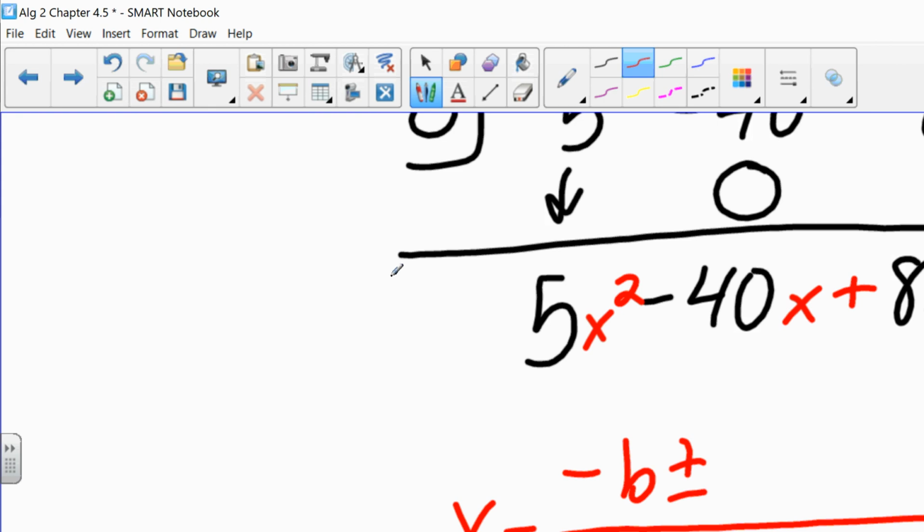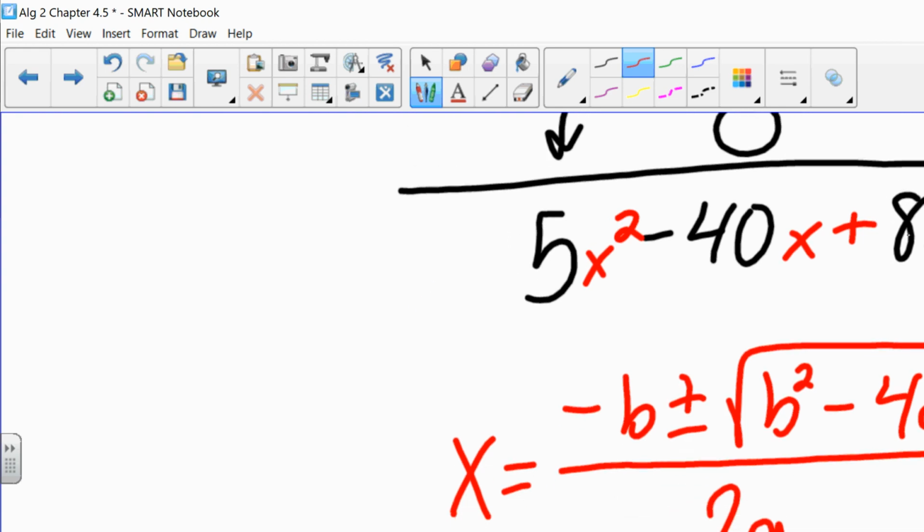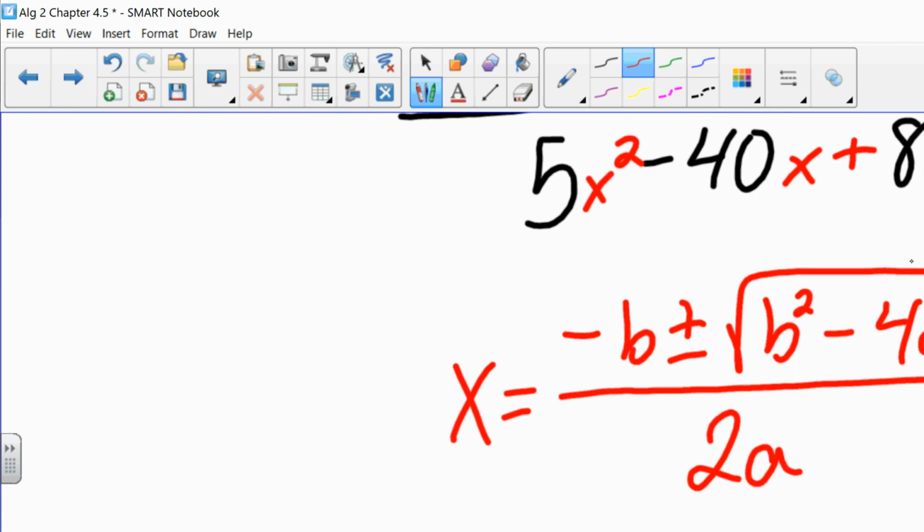Negative b plus or minus the square root of b squared minus 4ac all over 2a. Looking at this here, the value of b is what?